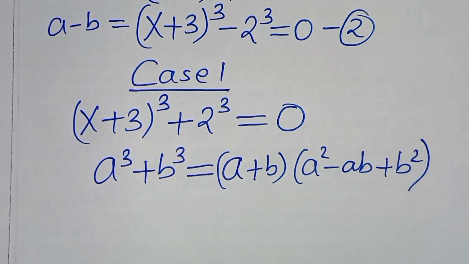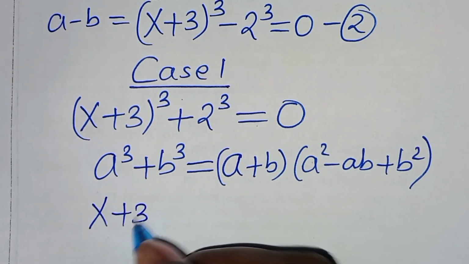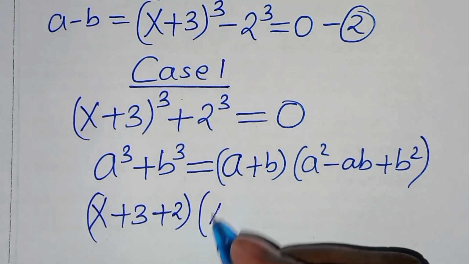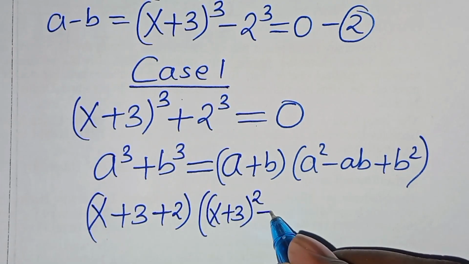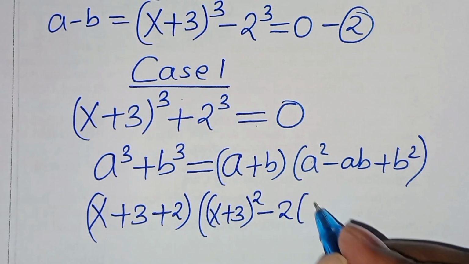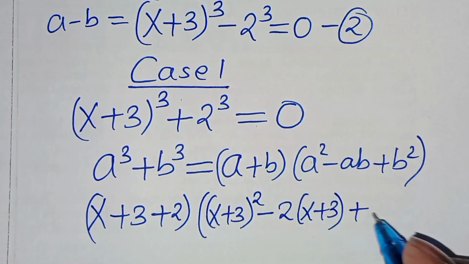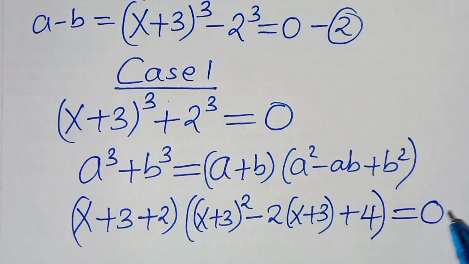Applying this identity, here we have (x+3+2), and then (x+3)^2 minus 2 times (x+3), then plus 2 squared, which is 4, equal to 0.